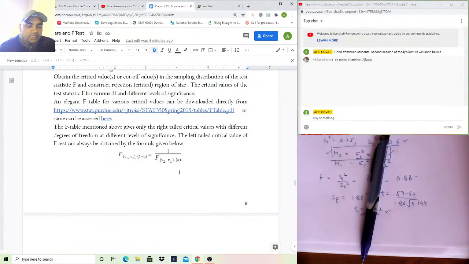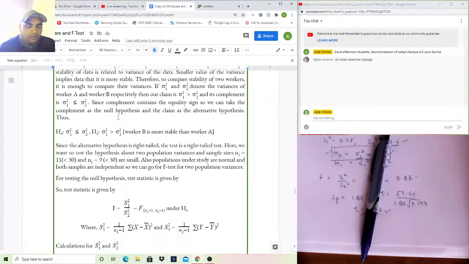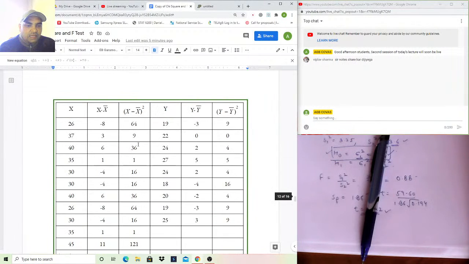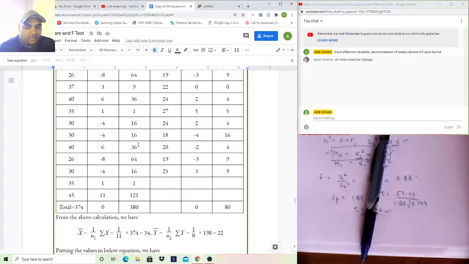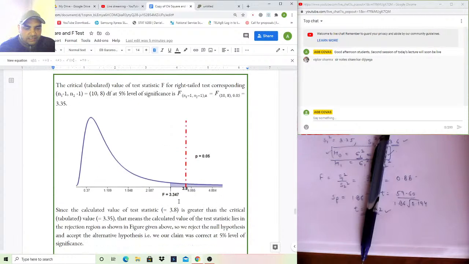The only thing here is that for a left-tailed test you have to calculate the value from the right-tailed F values. Once you have calculated, you put in the formula, set up the null hypothesis and the alternative hypothesis, and either accept or reject the claim. Accordingly you can draw and see whether your calculated value lies in the acceptance region or the rejection region.